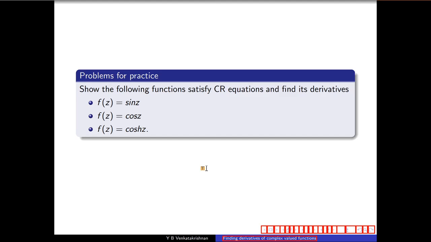But of course you have to convince yourself by evaluating f dash of z. And similarly the derivative of cos z will be minus sin z, and the derivative of cos h z will be sin h z. This you can try, verify, and see that the results are correct.